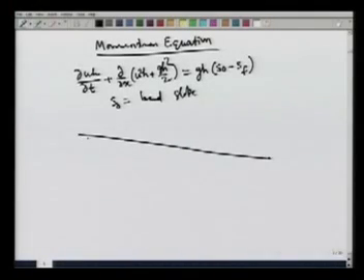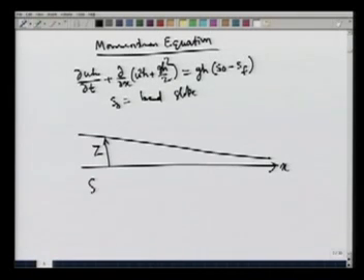That means if this is the channel, and I consider this to be x, this to be z, the slope will be minus del z del x. So, this is the bed slope.